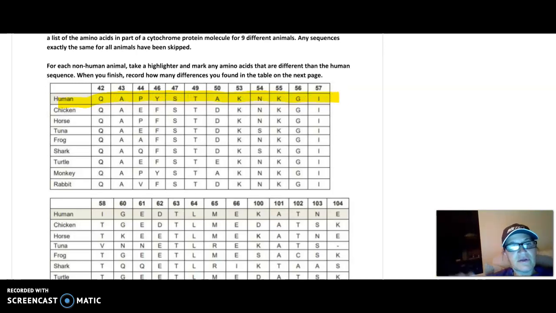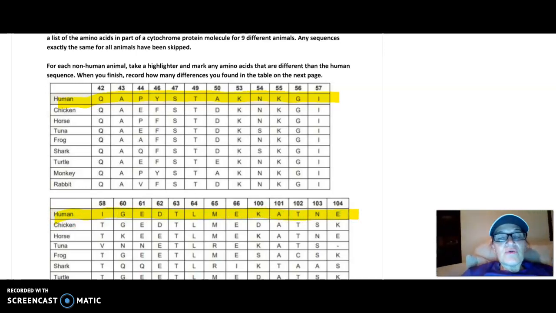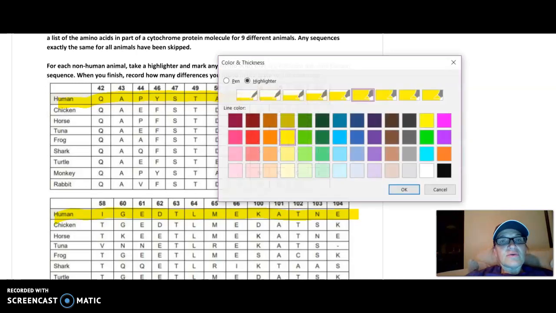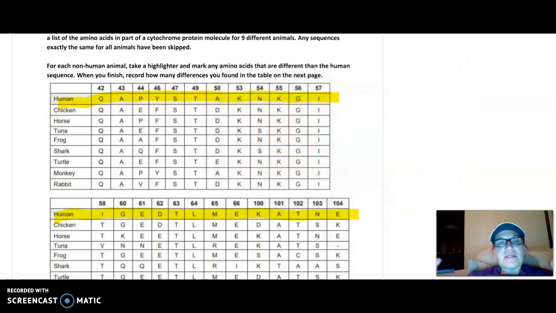Those are all the amino acids in the human, and then it continues down here as well. Okay, so those are the amino acid sequence in the human. What you're going to do is you're going to go through and you're going to indicate every amino acid that is different from the human. So we're just going to do the chicken to start with, okay?